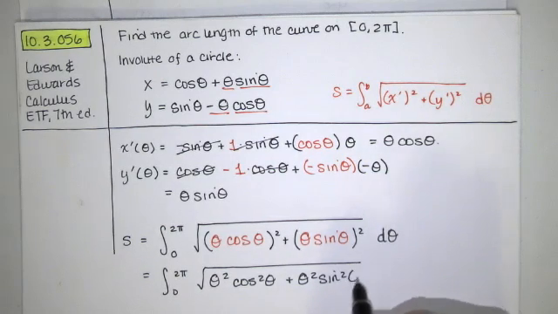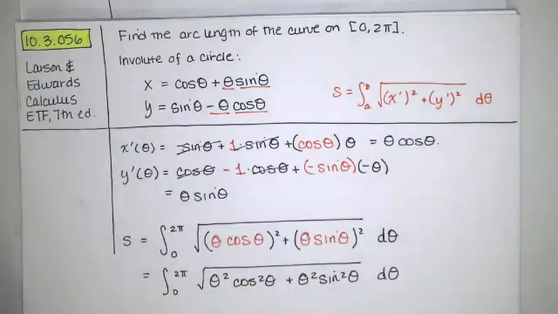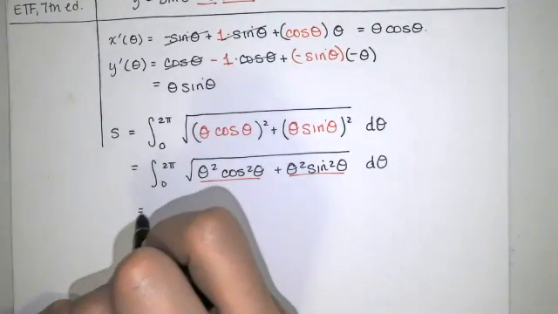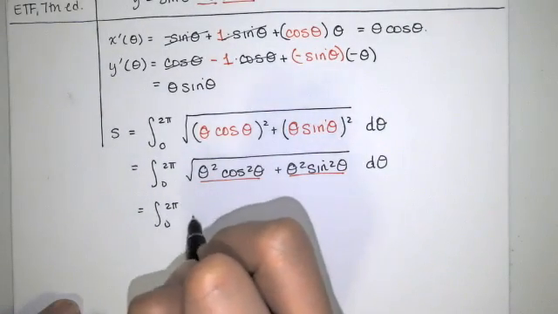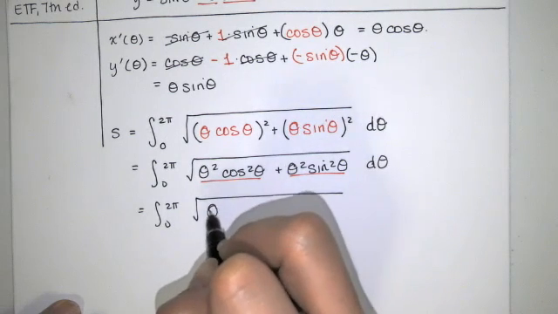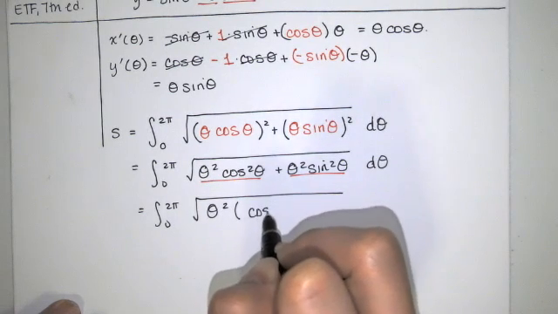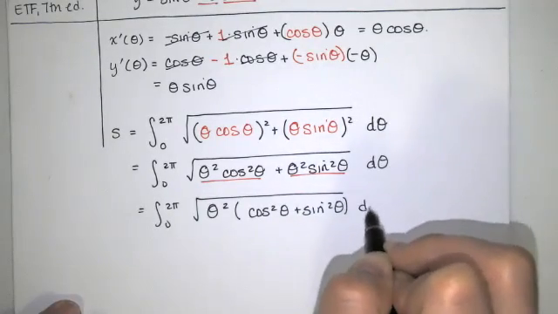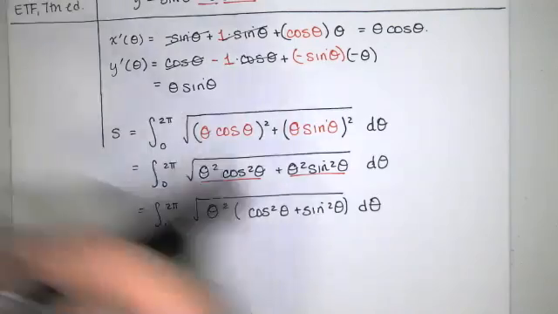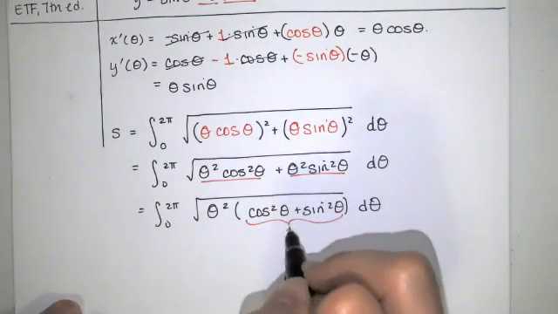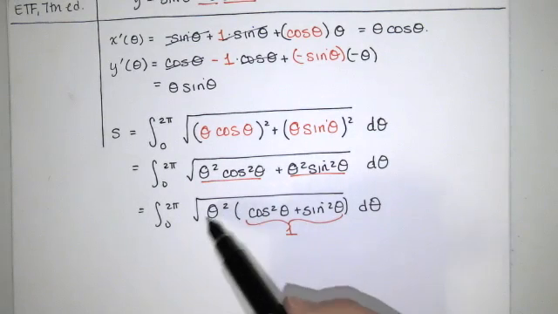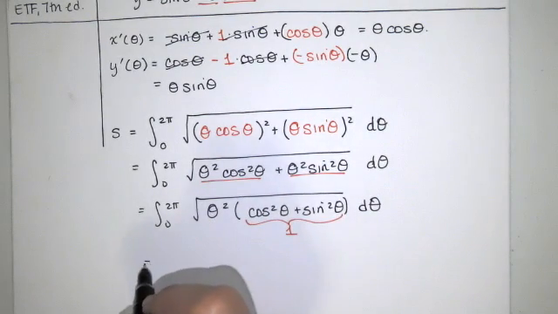The same thing happens here. And then you can look at both of these and see that they have a theta squared in common, so you can factor that out. And then you're left with cosine squared of theta plus sine squared of theta. And that's good. We all know that cosine squared plus sine squared is equal to 1. And if we're on the interval from 0 to 2 pi, the square root of theta squared is just theta.